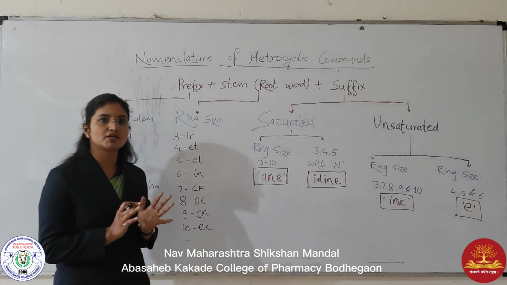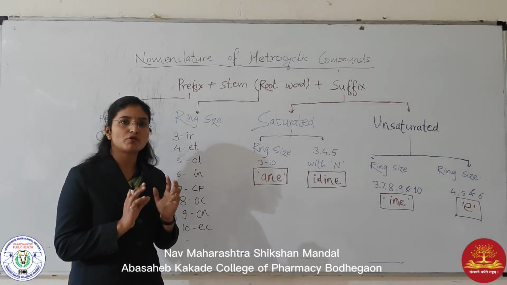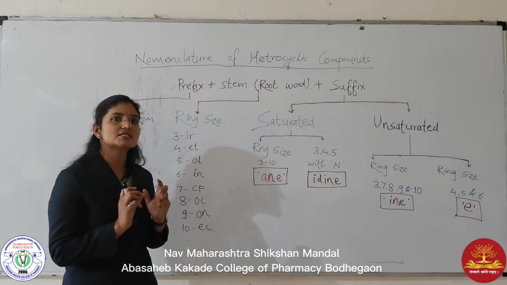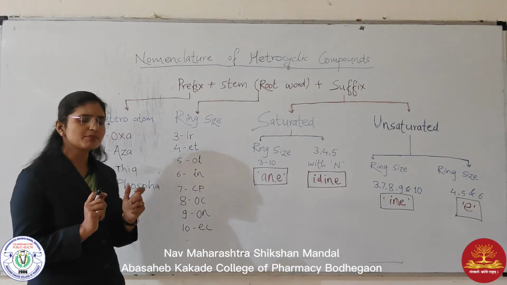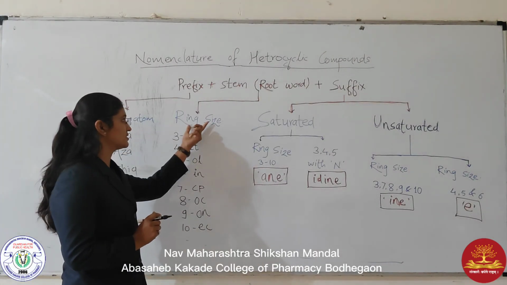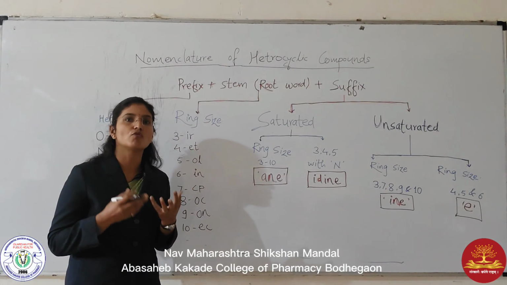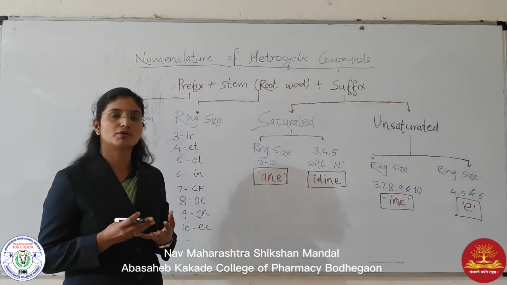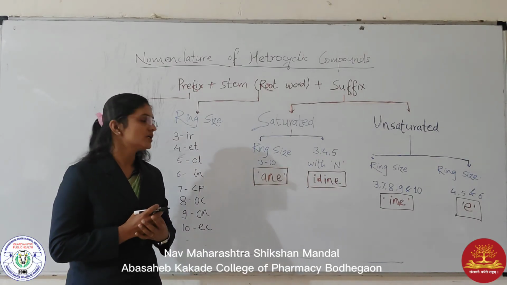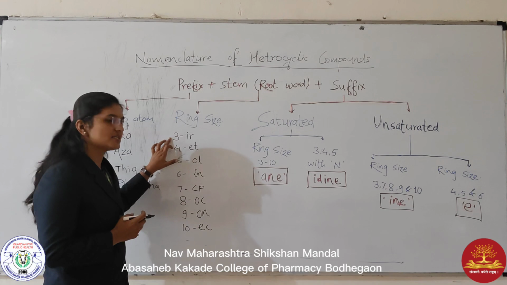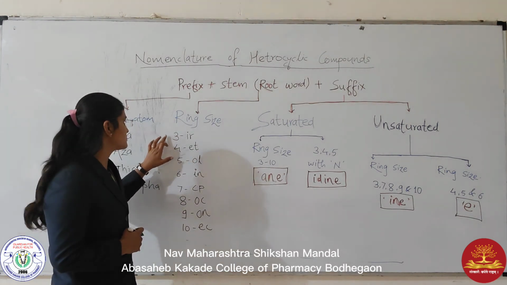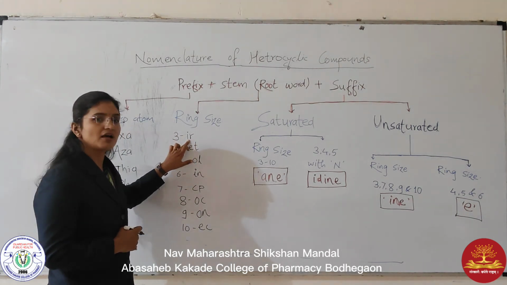The middle of the name of your heterocyclic ring is the stem. The stem totally depends on the ring size, meaning how many members your ring is composed of: 3 member, 4 member or 5 member. If your ring contains 3 atoms, then the stem will be ir.